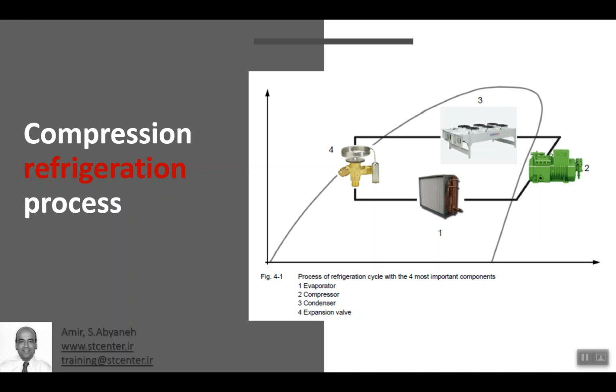The third part is the condenser. The condenser is the place where we take out the heat from the refrigerant coming from the compressor. And number 4 is the expansion valve. So the compression refrigeration process consists of 4 parts.